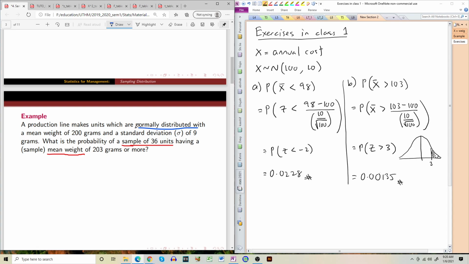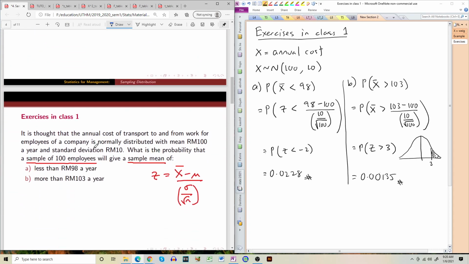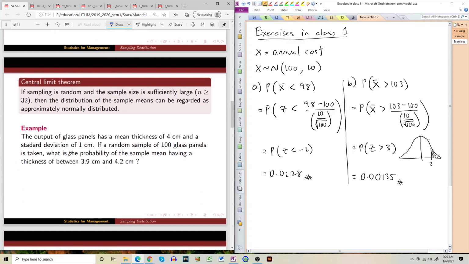Now if you see "normally distributed", then you use the Z table. It is clearly mentioned that the question is a normal distribution, therefore you use the Z table. Now, in the example below, the output of glass panel has a mean thickness of 4 cm, a standard deviation of 1 cm.